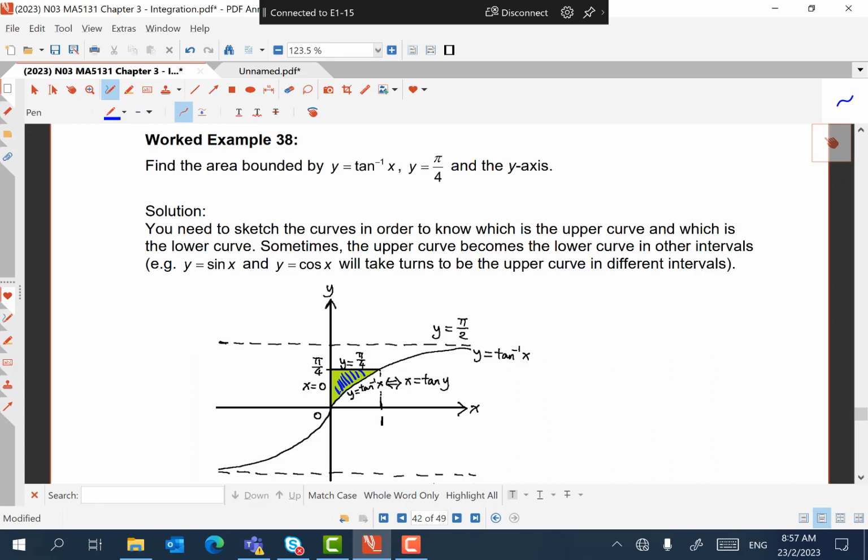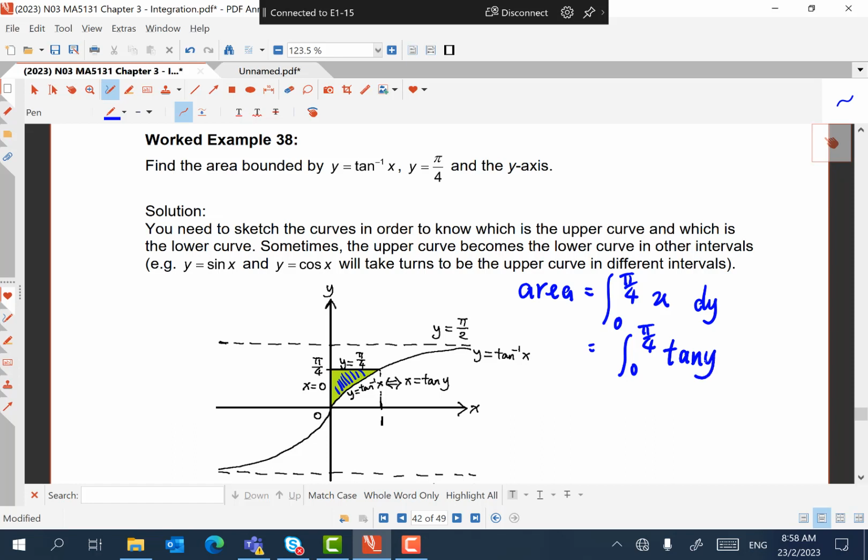Okay, how do we go about finding this area? Without looking at a solution, you have to form an idea in your mind, and then we will discuss. One way of finding the area, which is the easier way, is to integrate from 0 to pi over 4 x dy, and your x is, in this case, tangent y.